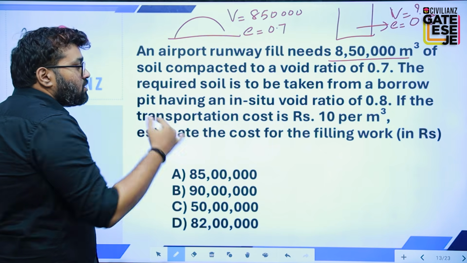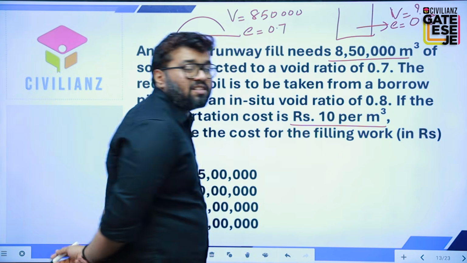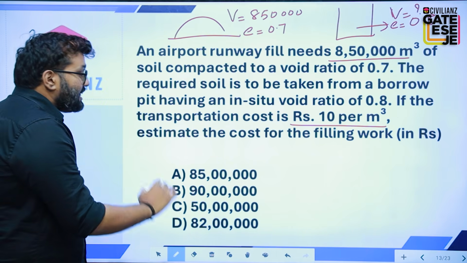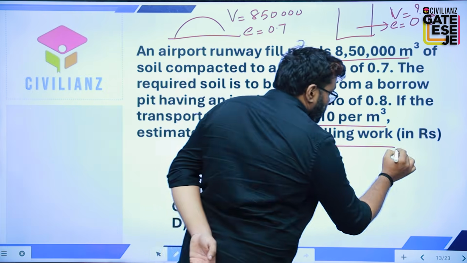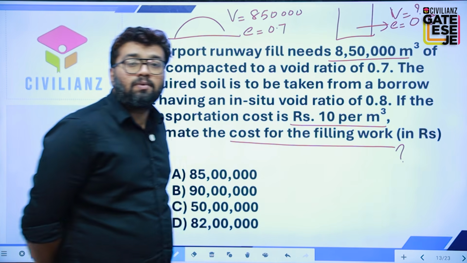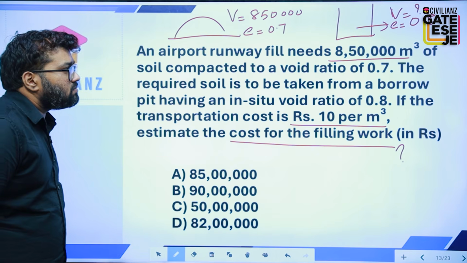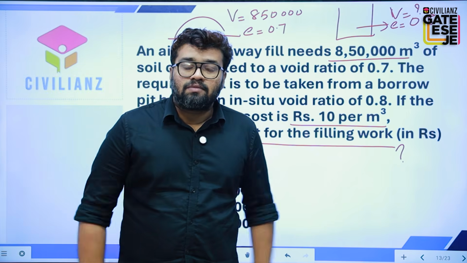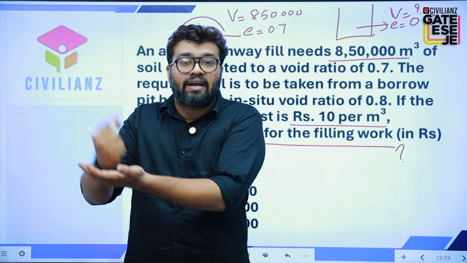If the transportation cost is rupees 10 per meter cube, estimate the cost for filling the work. So the question is, how much cost will be required in this work? We know that the soil is taken from one place and placed at another place and it is compacted.